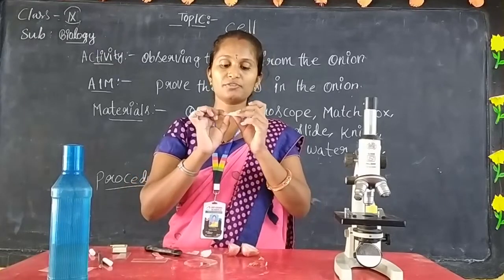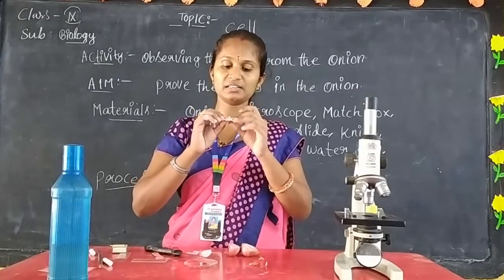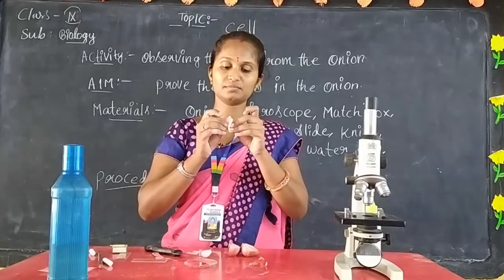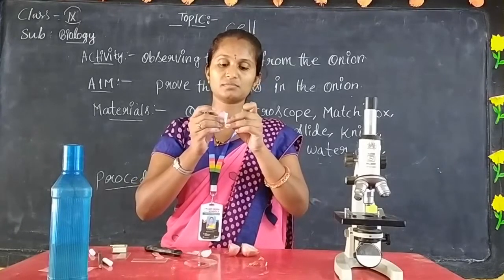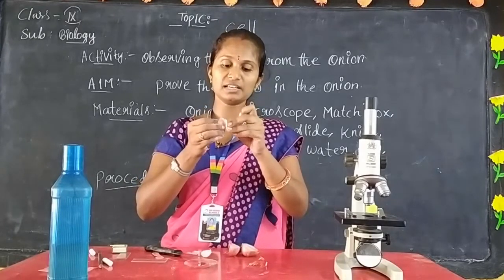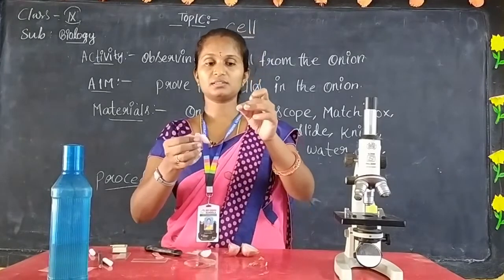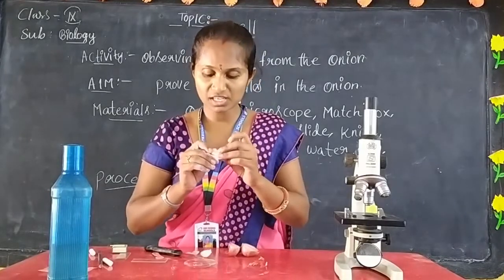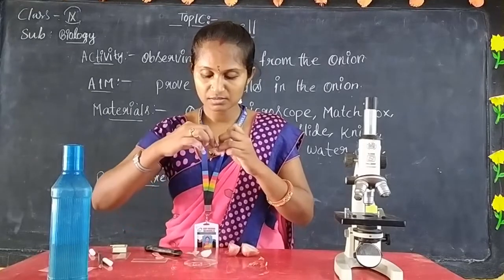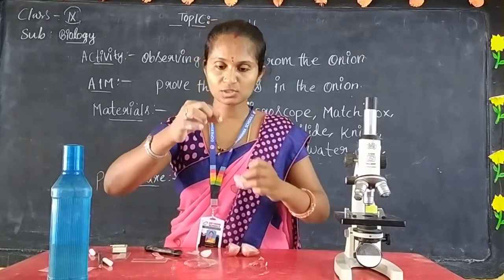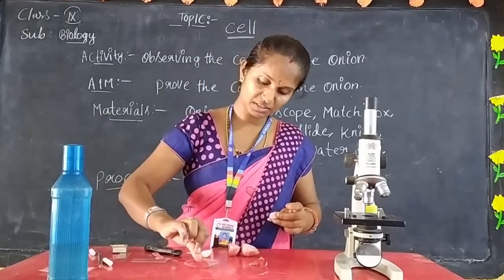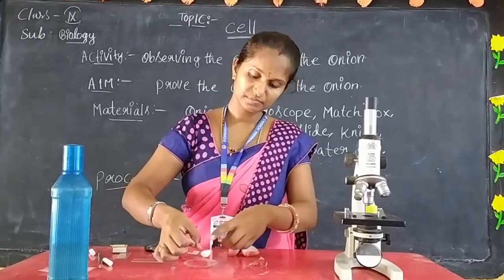Okay, now from the inside also we can get the layer. This is the inside layer. Now see here children. This is the inside layer. I kept it in the water.